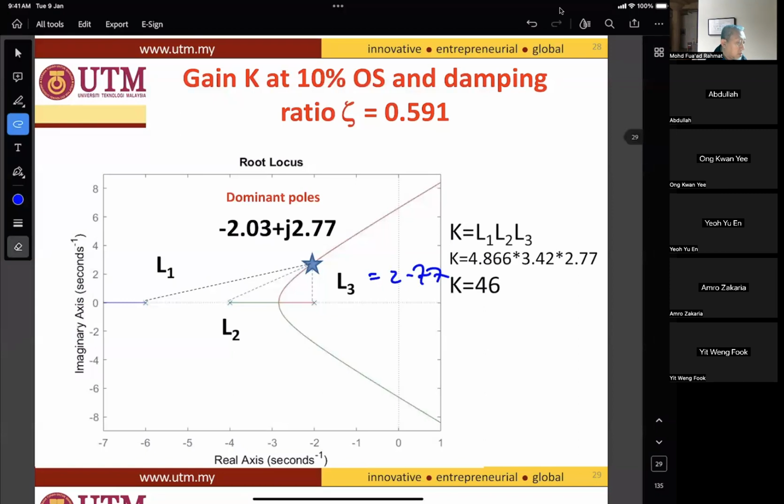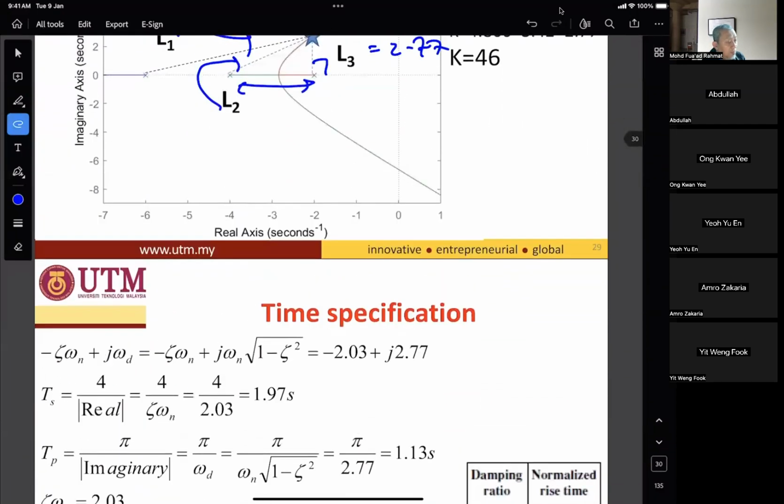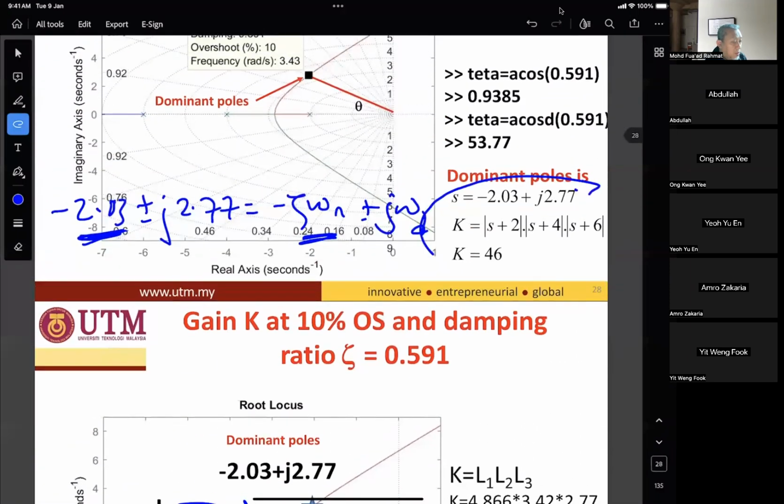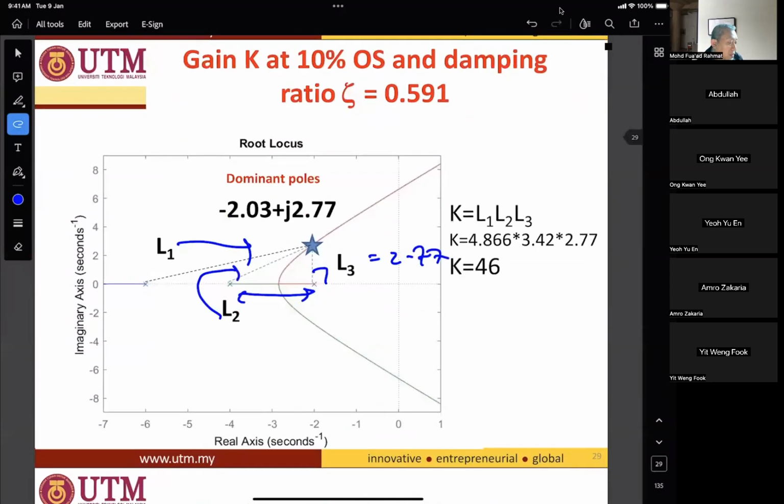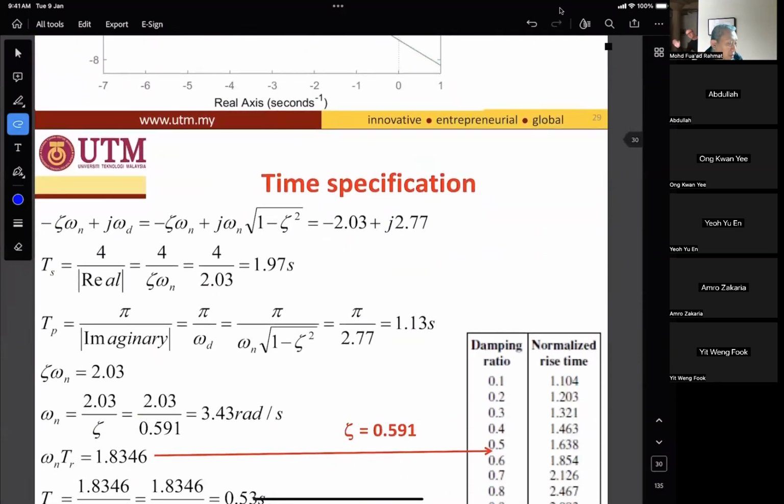Then L2, you just get this value. Then you get L2, the length of this line, and L1, the length of this line. This is another way to calculate the gain K. I prefer to use this one. All my students, please follow using this one. It's much easier compared to using the Pythagoras theorem, but the choice is yours.